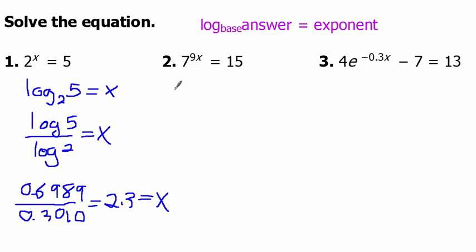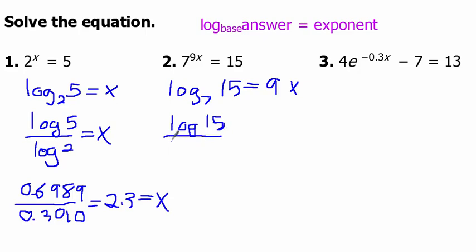So again, we're going to convert this to a log. The log is going to be base 7 of 15 equals 9x. So we can actually do this as a conversion, log of 15. That's common log of 15 divided by common log of 7. I would prefer to do this before I move the 9 over. Just simplify this part of it first.